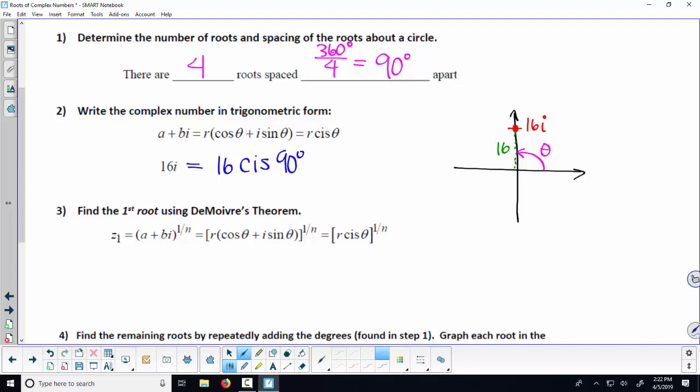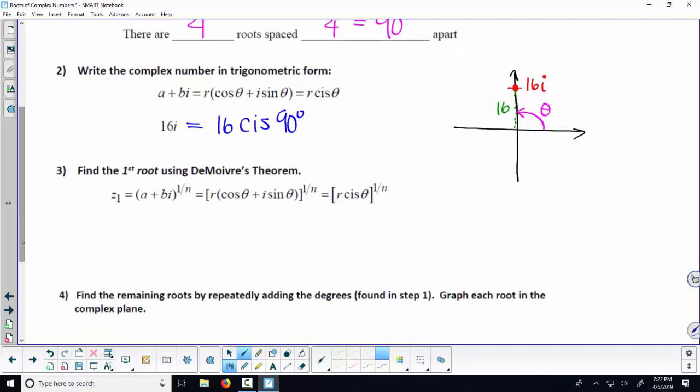So what I'm going to do is find my first root using de Moivre's theorem by raising 16i to the 1/4 power. But I can't do that in that form, but I can if I use trig form. So 16i in trig form is 16 CIS 90. And I'm going to raise that to the 1/4 power.